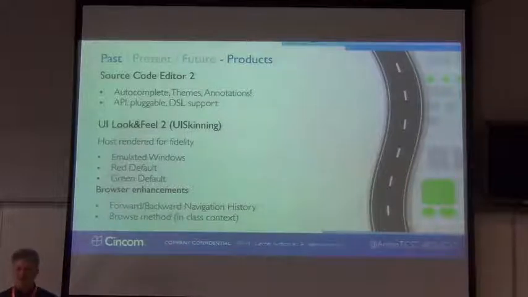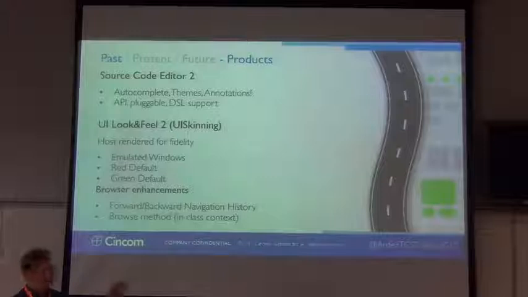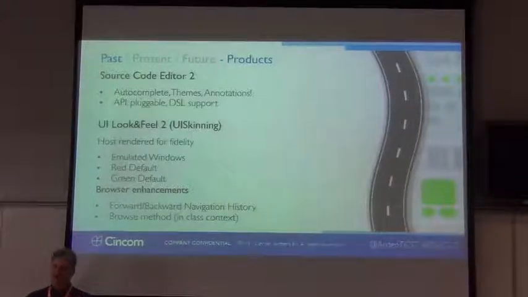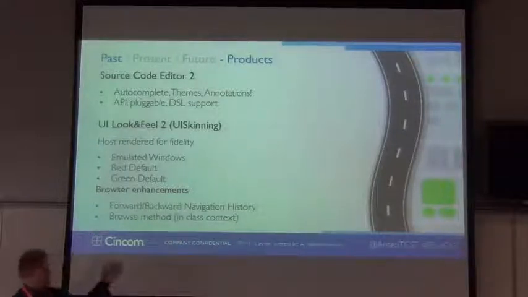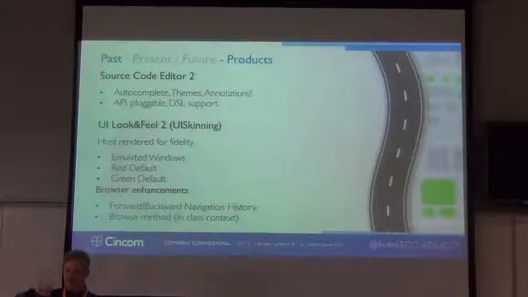We've made browser enhancements. There are forward and backward keys in the browser, just like using a web browser. There's also an improvement towards flow, what I was talking about earlier. Say you see a method call on a method, and you go to all the implementers of that, and then from the implementer list you go to that implementation in the class.